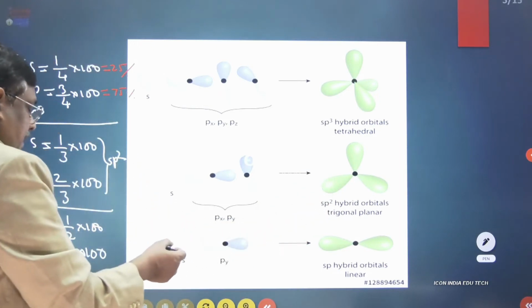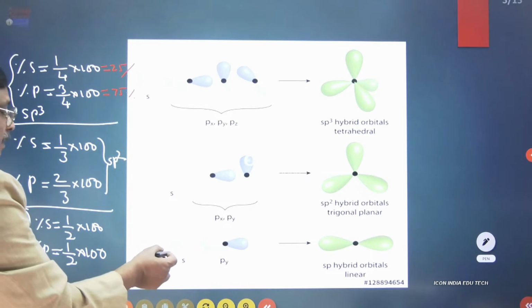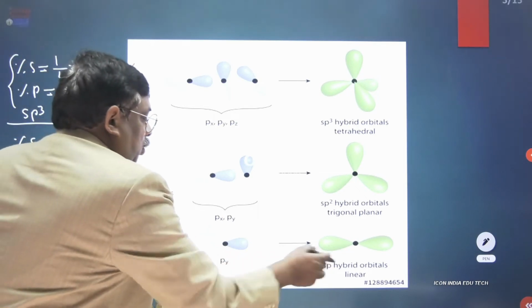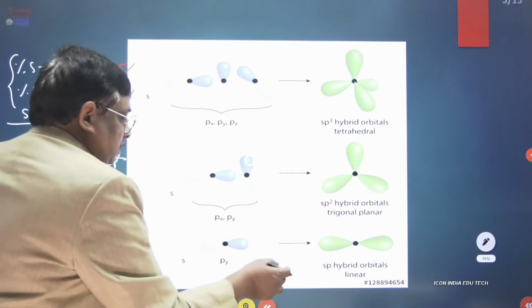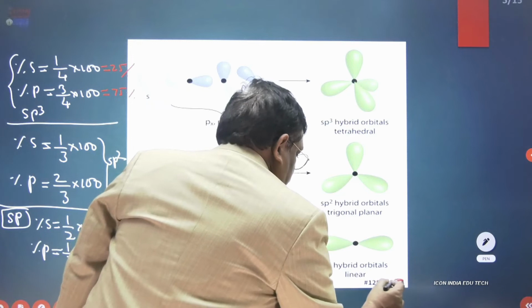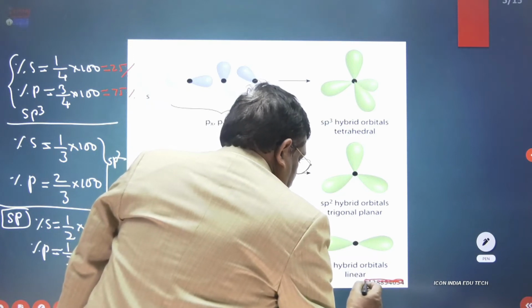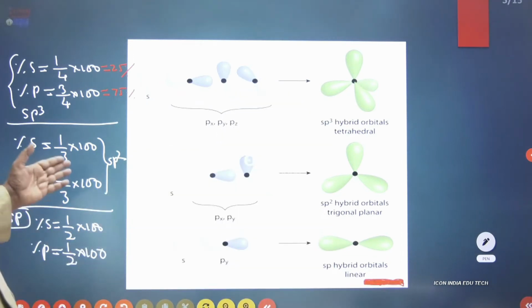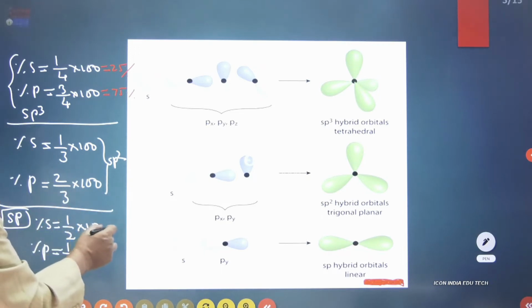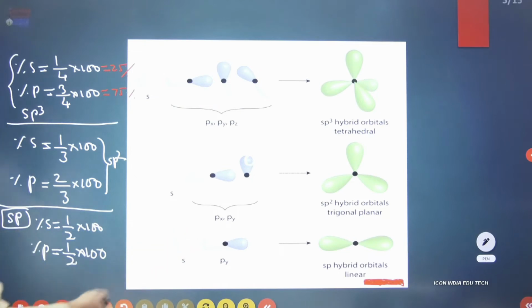And in sp hybridization, one spherical s orbital and 1 dumbbell-shaped p orbital completely mix up to give 2 sp hybrid orbitals in a linear shape. What's the percentage of s and p character here? 50-50, half into 100.